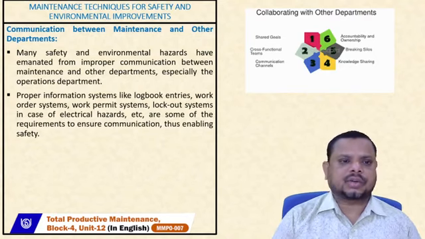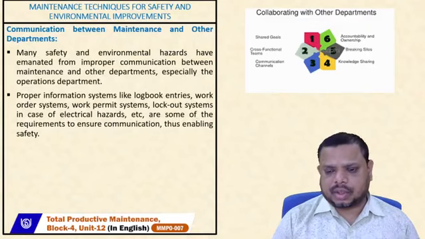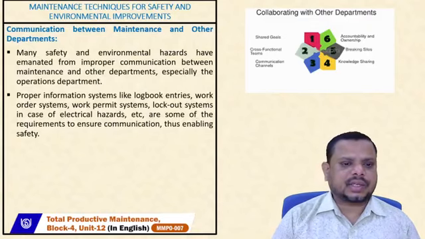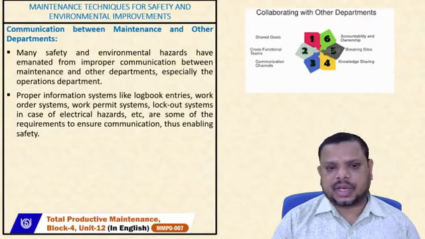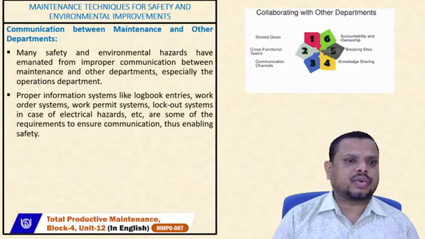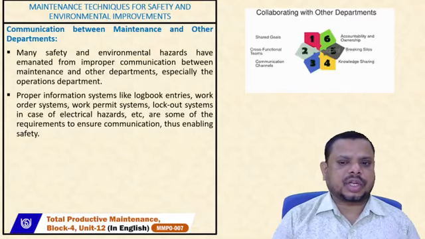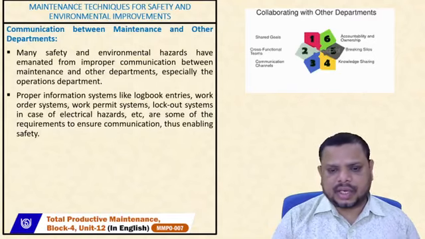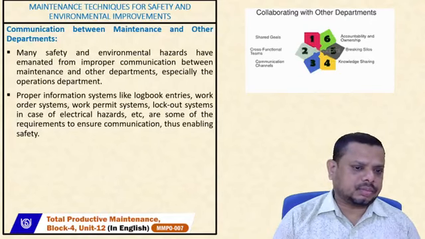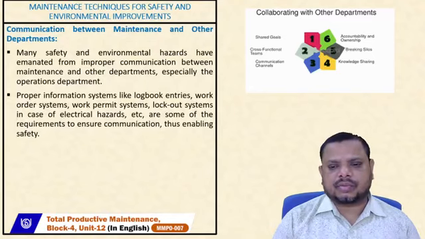If you go for breakdown maintenance of a transformer, in that case you have to maintain several checklists, especially to improve safety and the environment. Similarly, for furnace maintenance or furnace breakdown work, you have to follow a large number of SOPs.